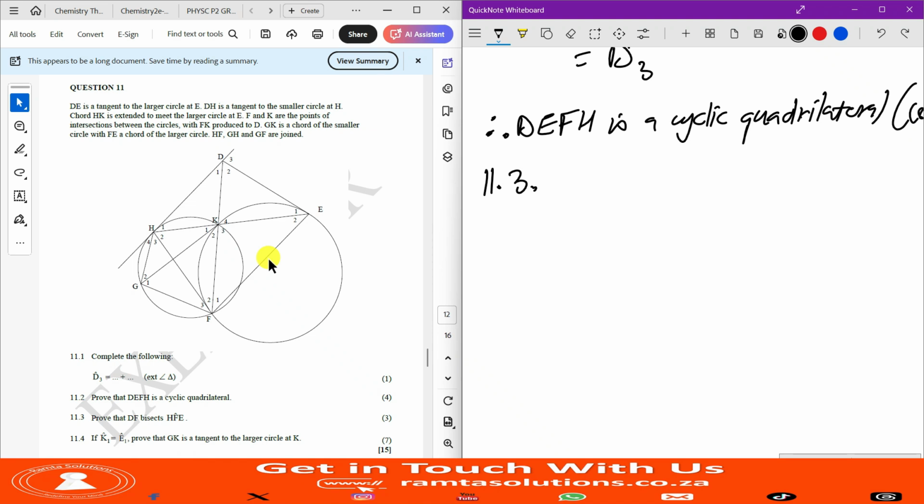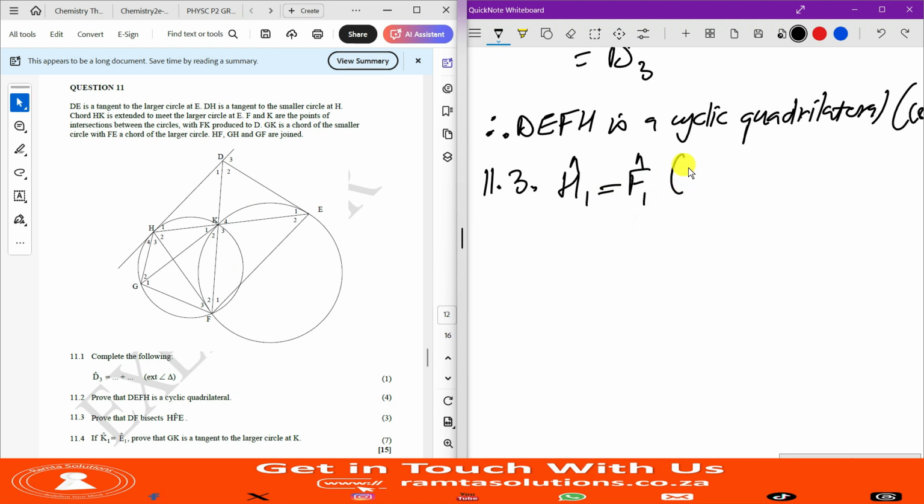So what we know is this. Angle H1 is equal to angle F1. Why? It's because these are angles on the same segment. Oh, you're wondering how? Let's say this is H1 and this is F1. You see this?